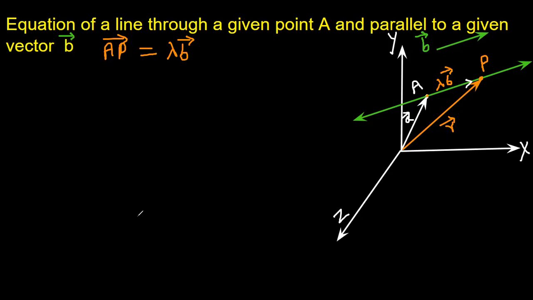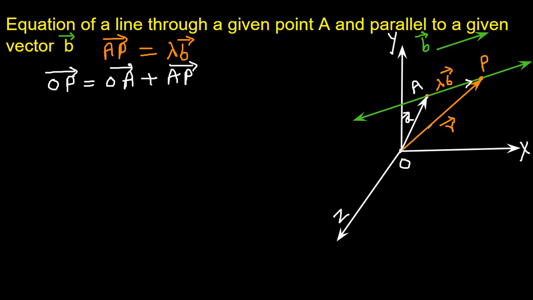Now we would like to use here triangle law of vector addition. This point over here is O, origin. So in the triangle OAP, you can say OP vector would be same as OA vector plus AP vector.